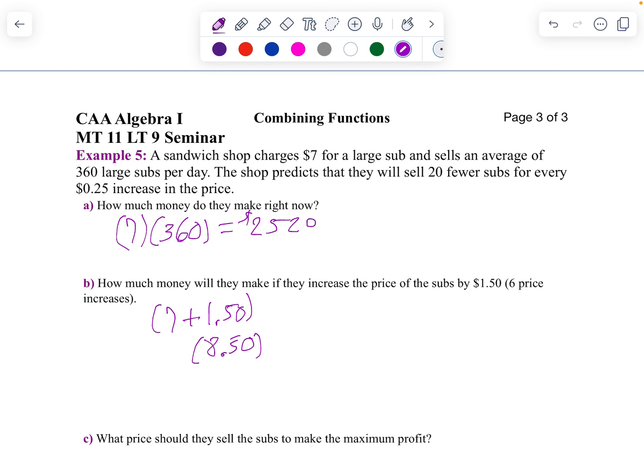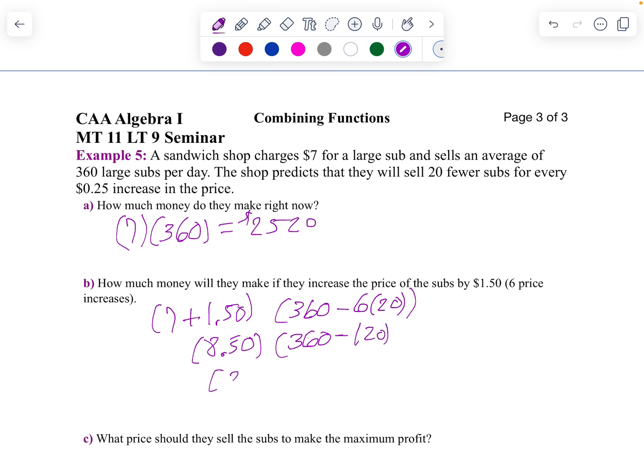But they're going to lose customers, because right now they sell 360, and if I subtract off 6 price increases, for every 25-cent increase we're going to lose 20 customers. So in other words, we're going to lose 120 customers by making $1.50 more per sub.